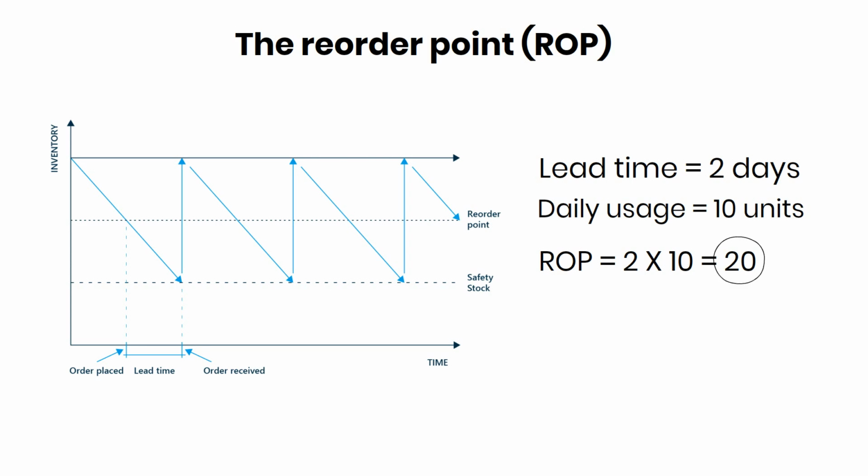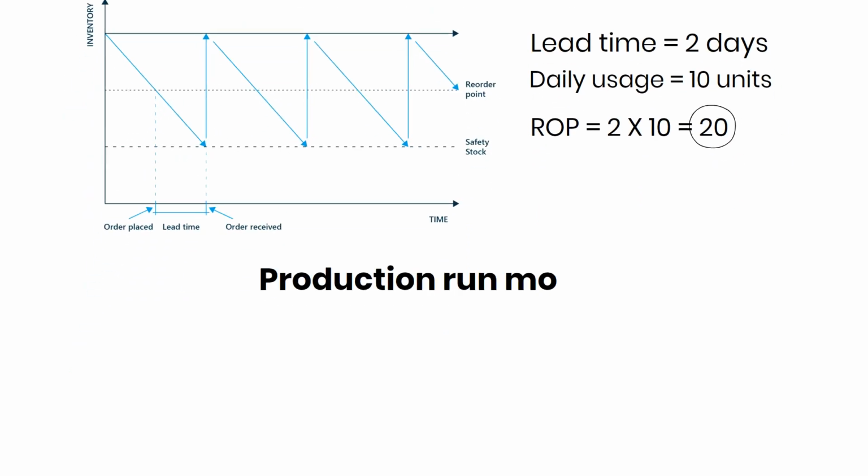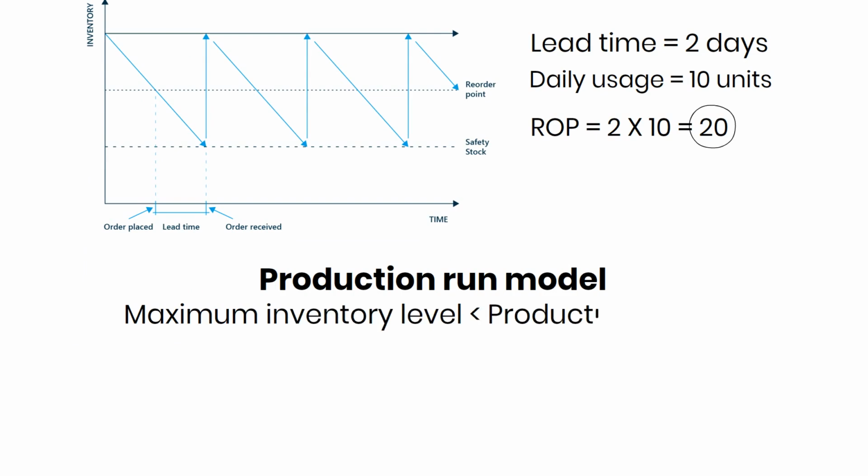In the production run model, the maximum inventory level will be less than the production quantity because inventory is used up as it is being produced. This model considers both the production rate and the demand rate.